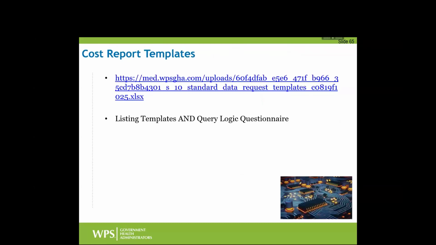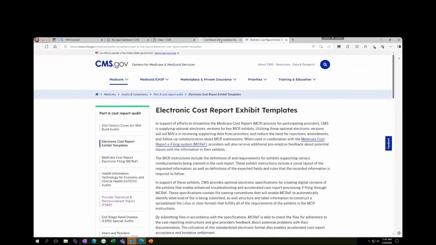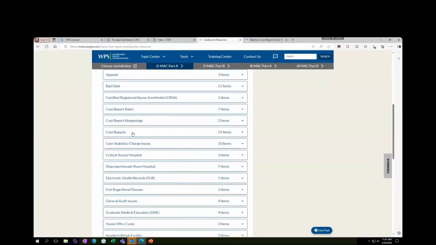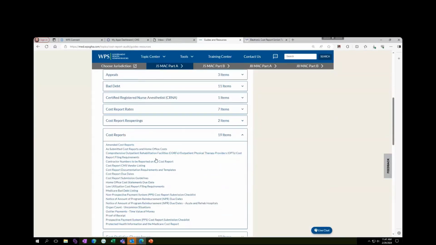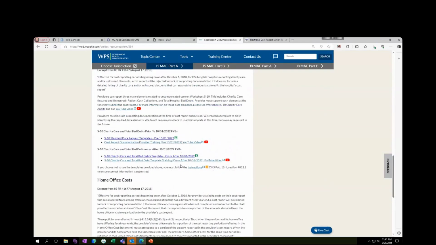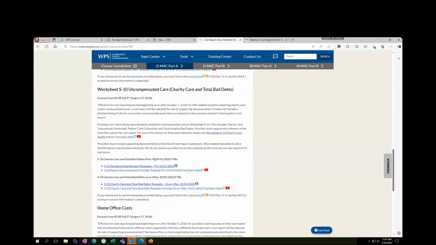Now the templates, let me go back to the website because I showed you one piece of it. I showed you the cost report section, which has the bad debt, the DSH, all those templates, including S-10. And let me do that one more time here. So with S-10 specifically, there's the pre-10/1/22 template and the YouTube video related to it.